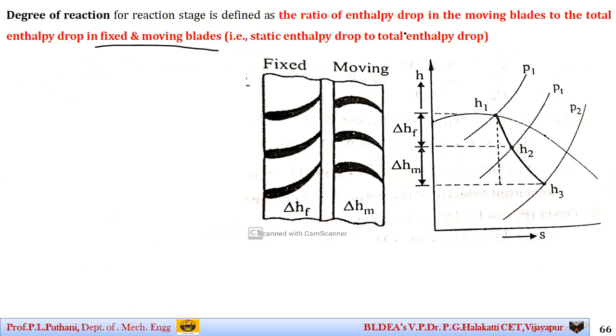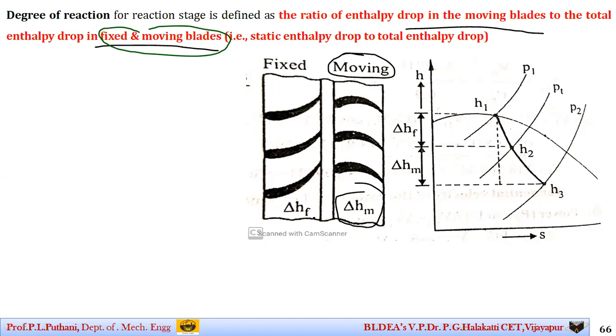In the picture, we take the enthalpy drop for the moving blades, delta HM, to the ratio of the sum of both the fixed blades and moving blades together. Delta HM represents the moving blades, whereas delta HF represents the fixed blades.